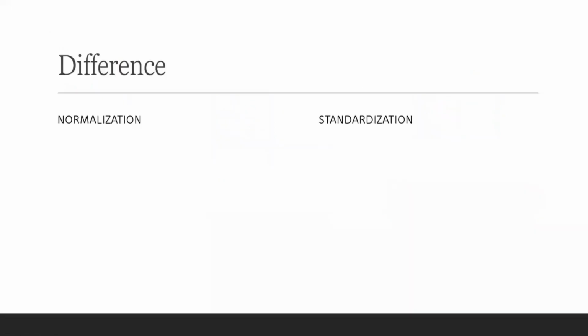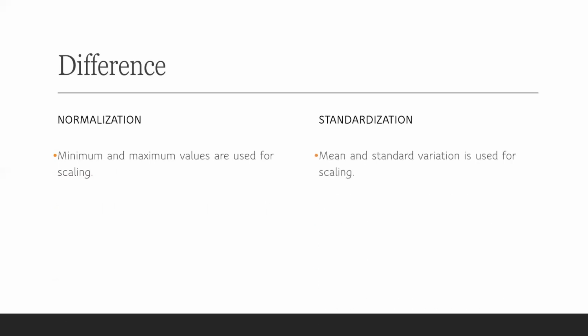So let's see the difference between normalization and standardization, and you will know when to use which technique. First of all, in normalization, we use minimum and maximum values for scaling. However, in standardization, we use mean and standard deviation for scaling.